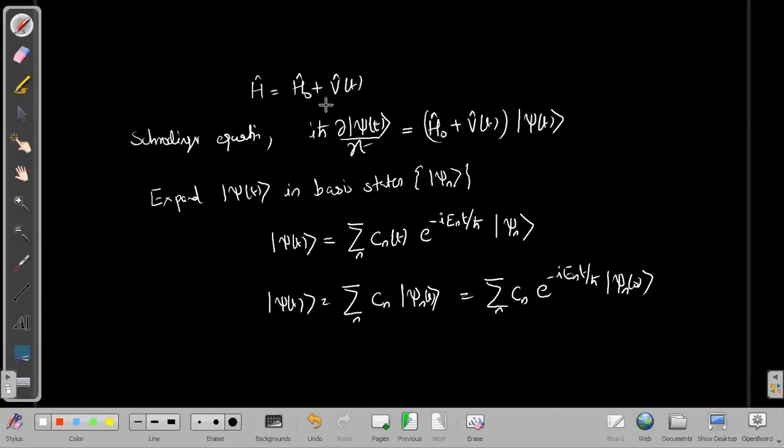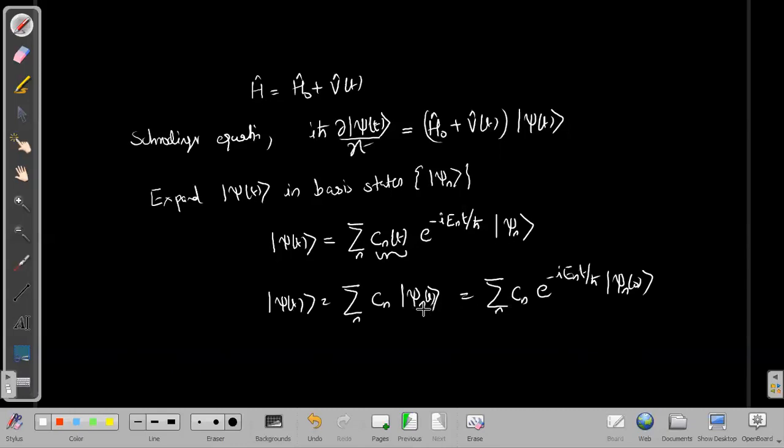Now since our V, or the total Hamiltonian, is a time dependent function, that is why I have included a time dependence on the expansion coefficient. So I have not done much. Basically this is the expansion of the state vector in the basis states.